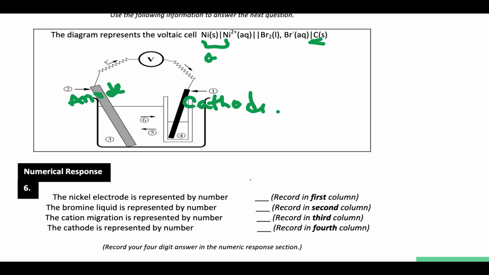So this is going to be your anode, and the bromine part will be your cathode. So now that we know that, we can fill in the rest. So your nickel electrode is number 2. Bromine liquid would be shown by number 4 because it would be the solution at the cathode. The cation migration, cations always travel towards the cathode, so it would be 6. And your cathode is represented by number 1.